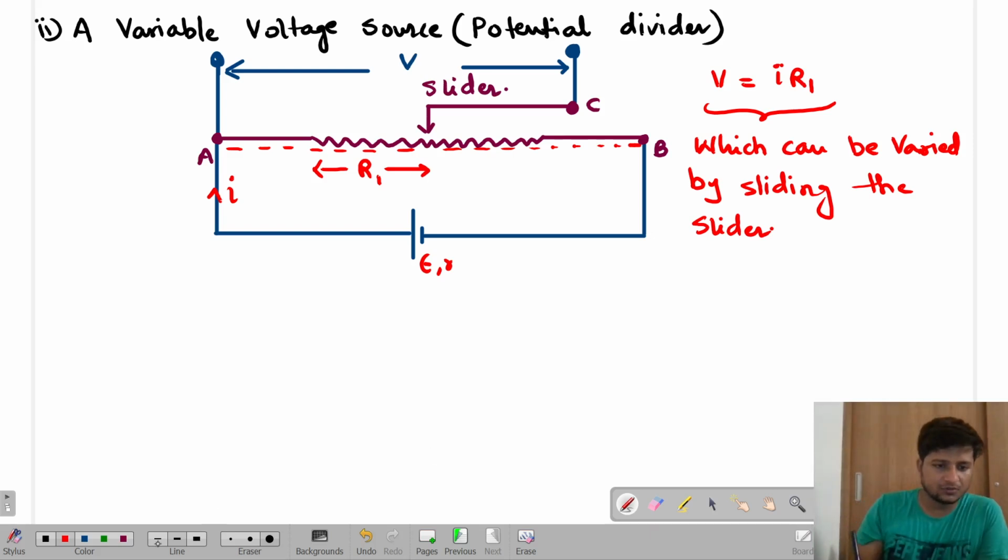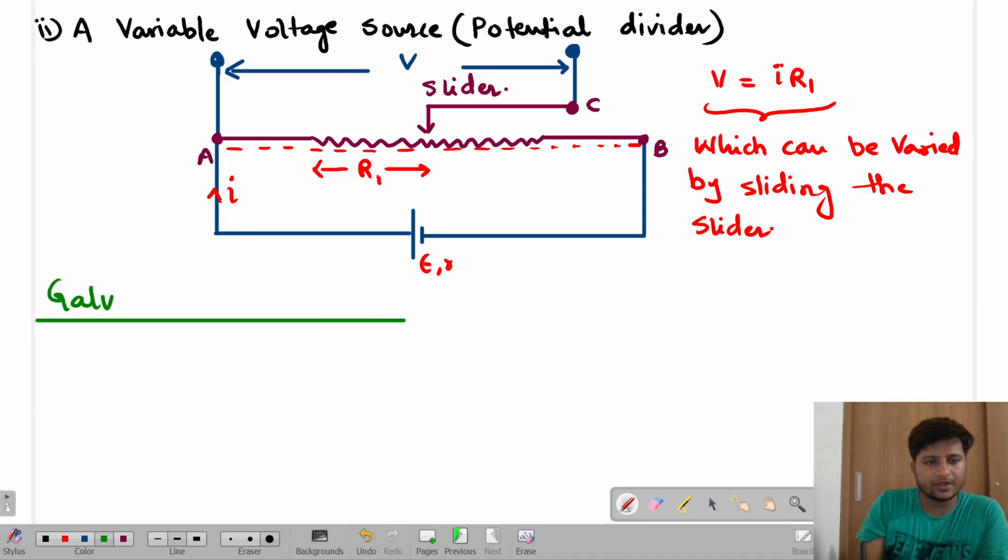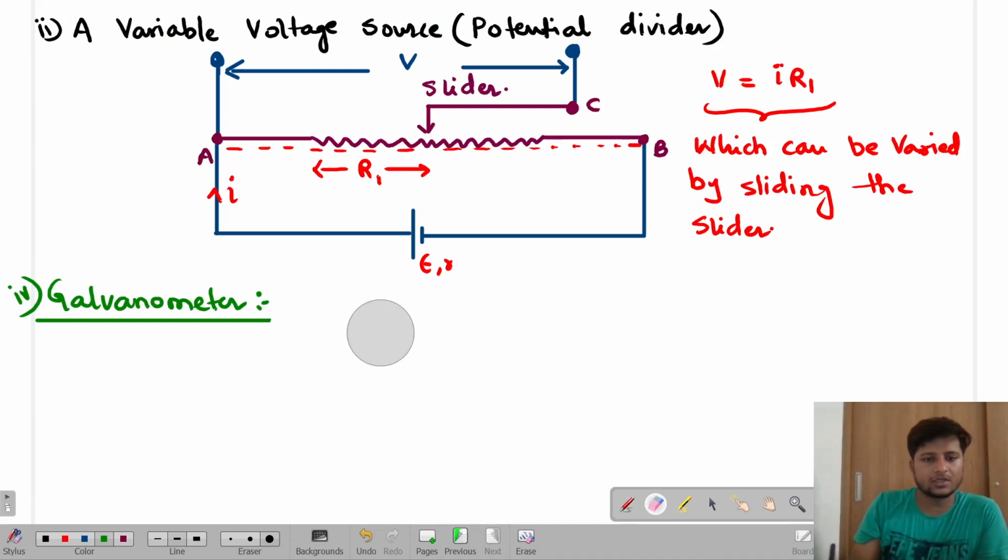The last use, and we call it as galvanometer, isn't it?